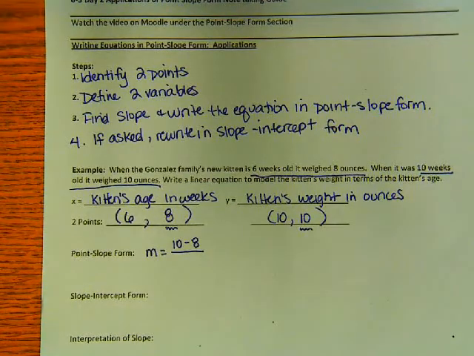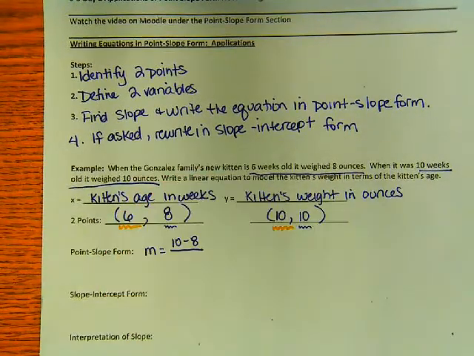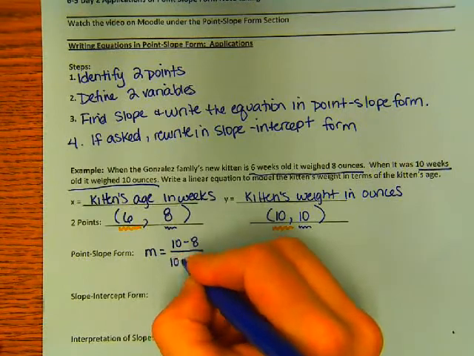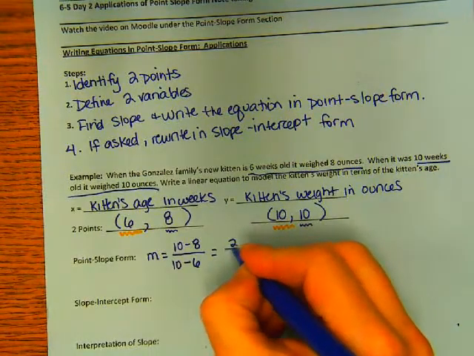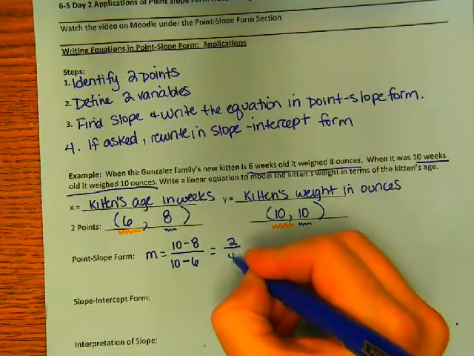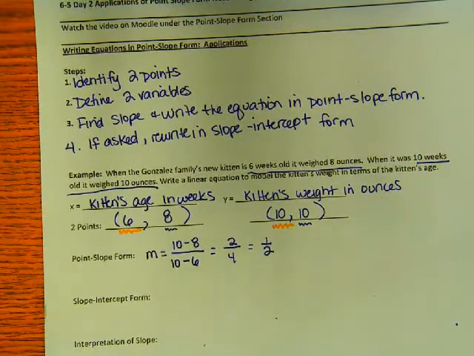I guess I'll do that in a different color. So this is x2 and x1, which would be 10 minus 6. Alright, so 10 minus 8 is 2. 10 minus 6 is 4, which reduces to 1/2. So now I found the slope.